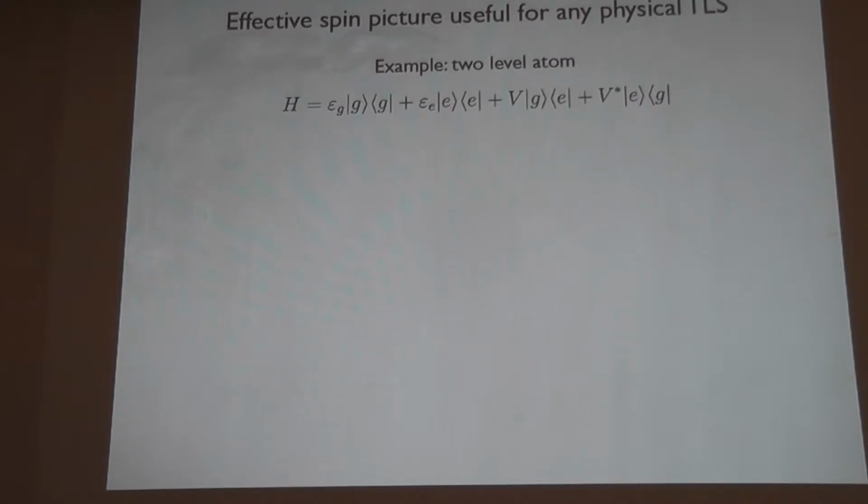Right, so just to take an example, suppose I have a two-level atom with some kind of ground and excited state, and maybe there's some perturbation that's coupling them. So this Hamiltonian is very abstract. It's just a bunch of symbols on the page, some kets and bras.